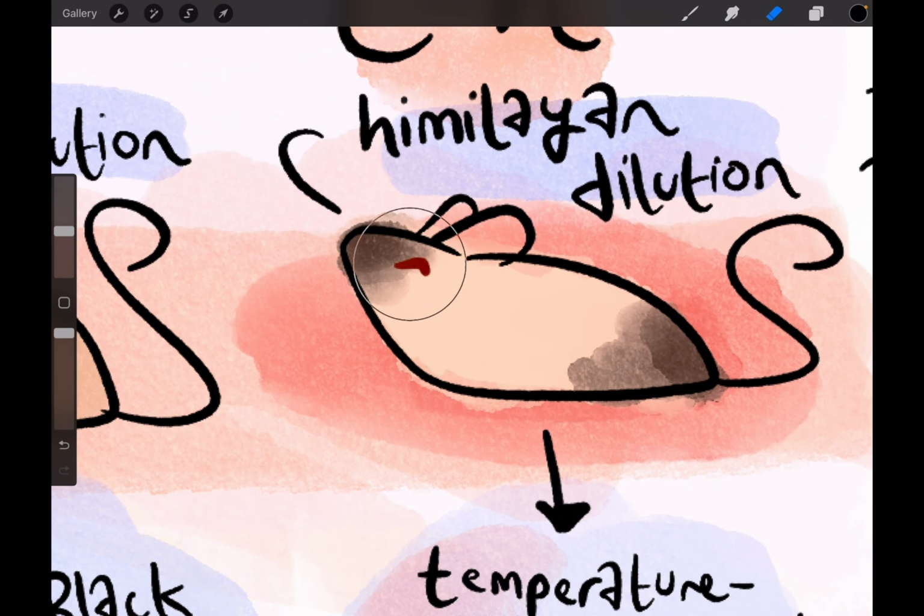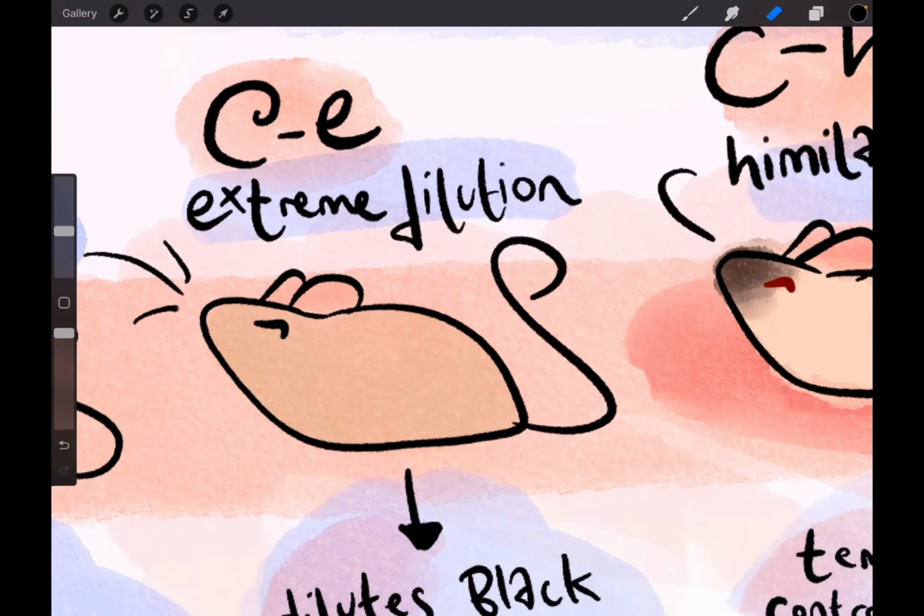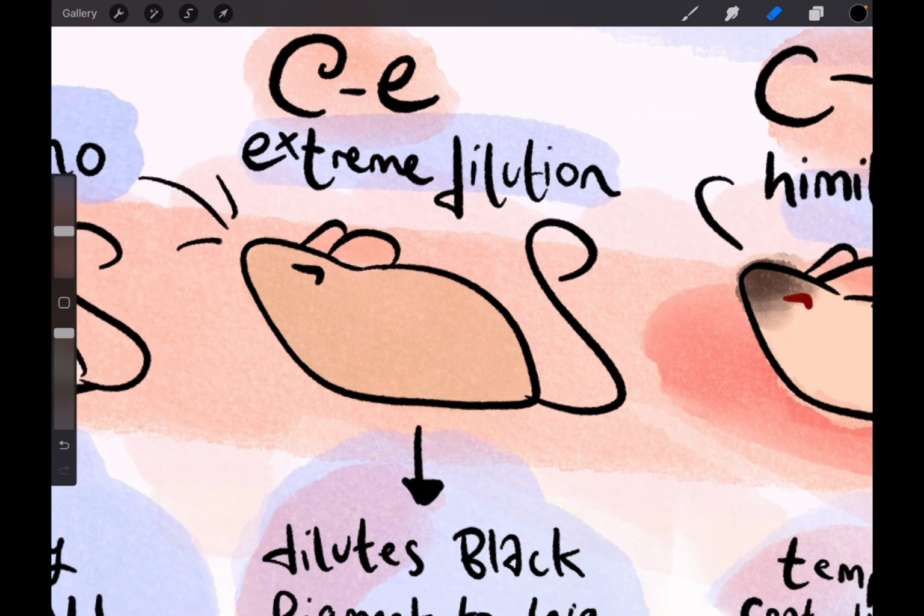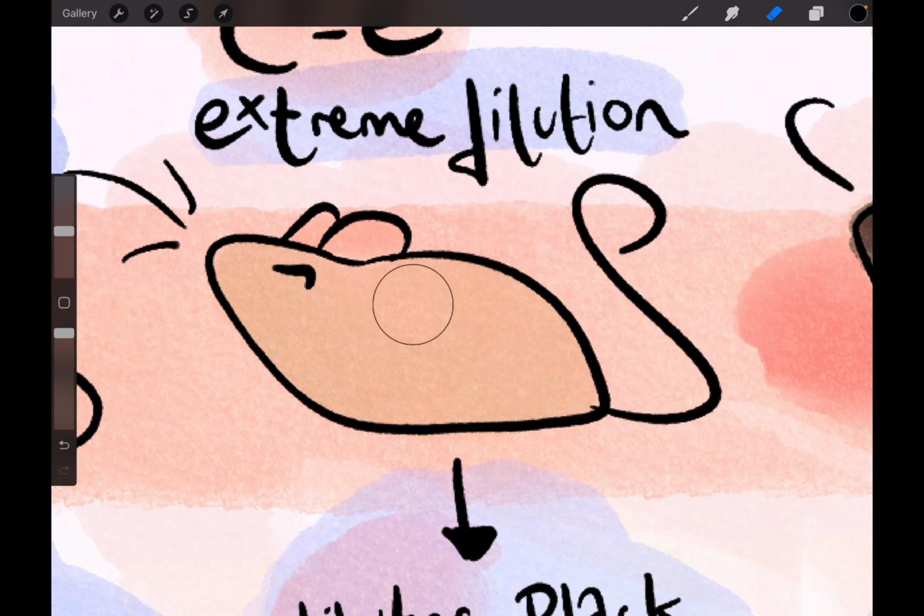Siamese have like ruby eyes, as you can see here. On an extreme dilution mouse, on a beige, they'll have points, and then they'll have this beige colored body. So it's a very subtle, I don't know, something about it feels elegant.